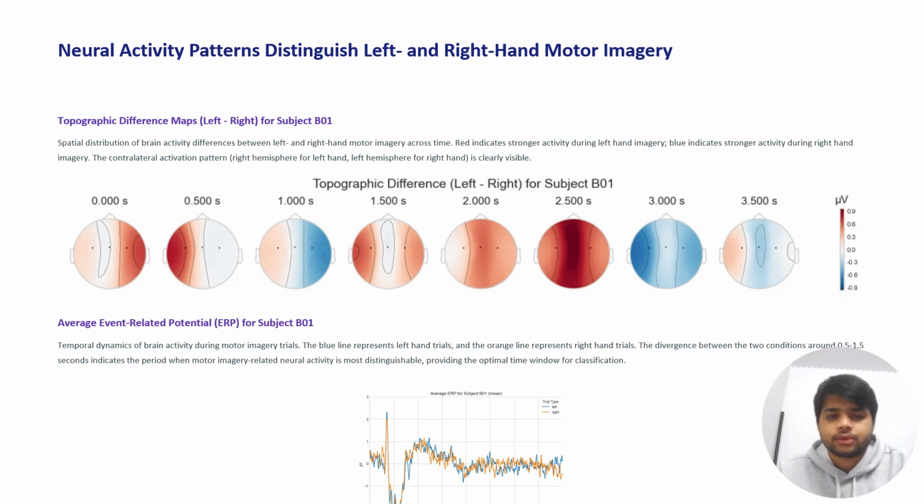That means if the subject is thinking about moving left, the activity on the right will be less due to event-related desynchronization, and we can see that at exactly 1 second, where the subject actually starts thinking about the movement. In the second graph I have plotted the ERP diagram for subject B1 as well, where we can visualize the desynchronization at 1 second.